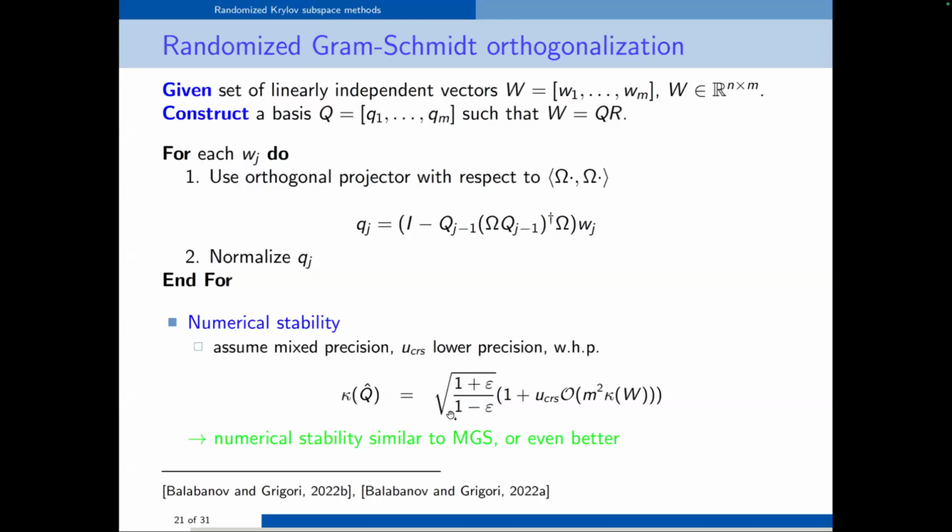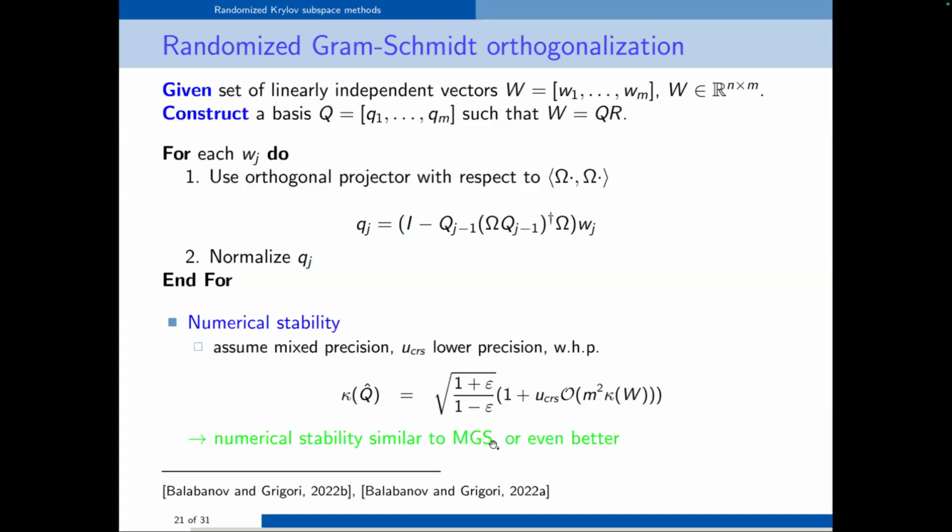And then what's nice here is that we can show that with mixed precision, the condition number of the computed Q factor has a dependency on epsilon, then a linear dependency on the condition number of W, and also a dependency on m squared. So this result somewhat resembles modified Gram-Schmidt, even if the error is measured differently.